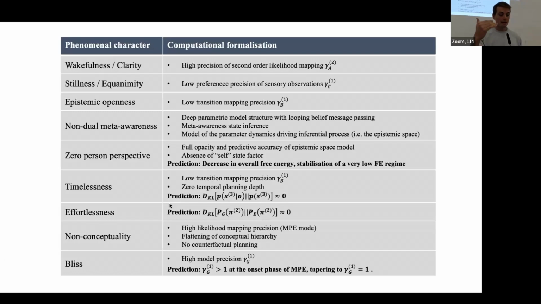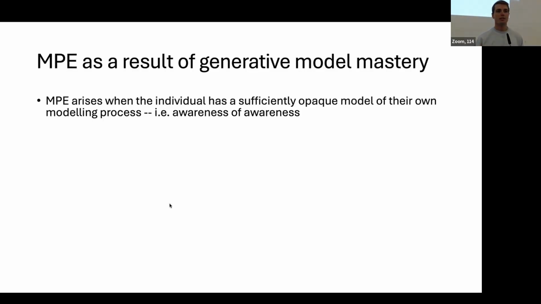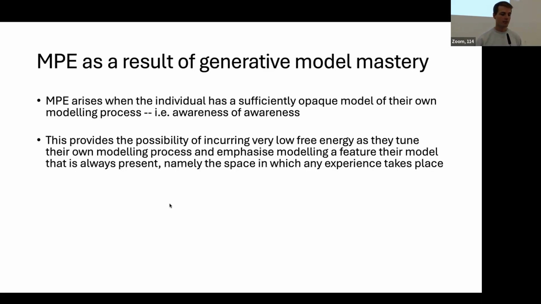So in summary, I didn't go through all of them here, but you can work through the phenomenal characters, translate them into these mathematical characteristics or constraints in the generative model, and end up at this conclusion, effectively, that I see MPE as a result of this generative model mastery, where they're developing a really opaque model of their own modeling process.